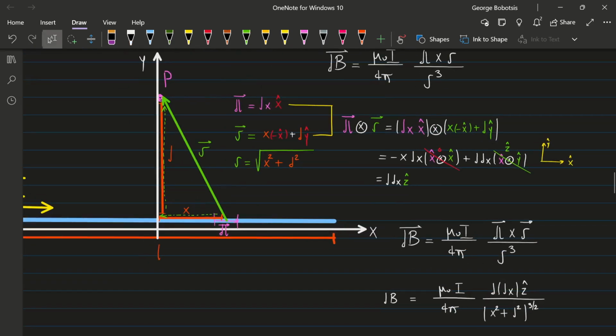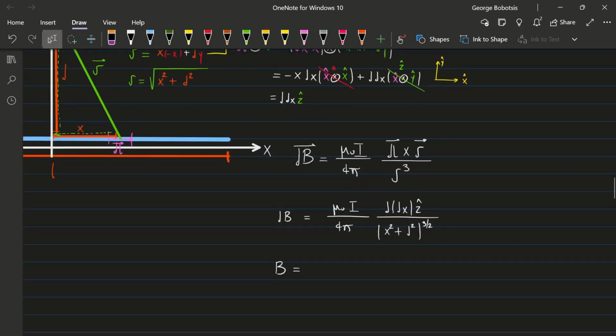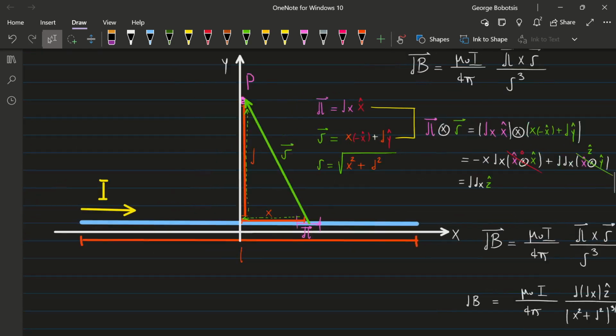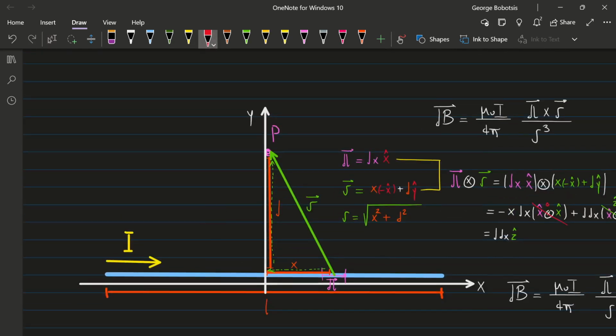Now, I could have used symmetry here, and maybe I should have, to be honest with you, to cut my work down, because you're going to get one component of the magnetic field going this way. If you do a symmetric counterpart there, it will point the other way. But you know what? You can just solve the integral and not do symmetry here, and it will work out the same.